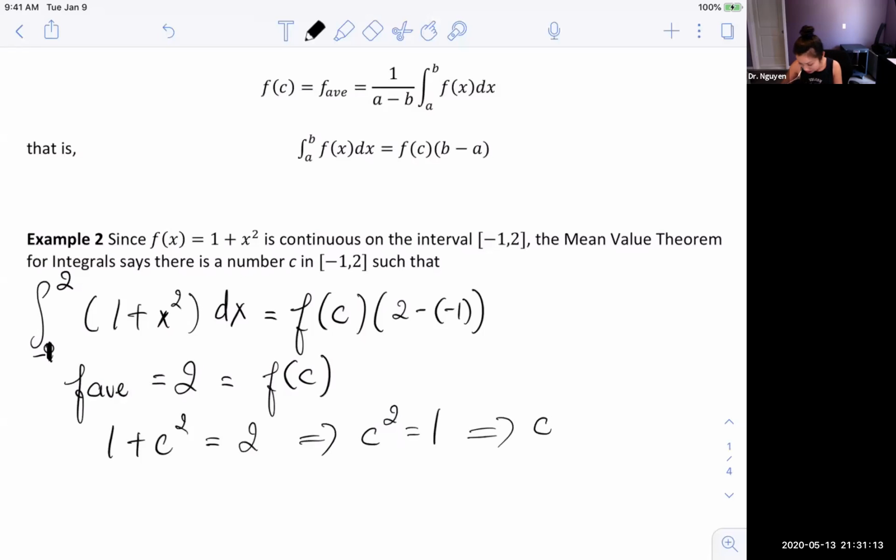Therefore, c, you take the square root. Don't forget, when you take the square root, you end up with plus and minus 1, right? So plus and minus 1 are in the interval [-1, 2]. So it works for the mean value theorem. Sometimes you find two numbers and only one of them is in the interval. You toss out the other one.